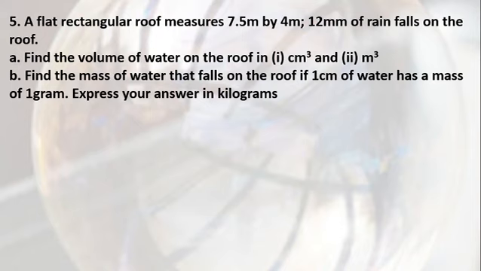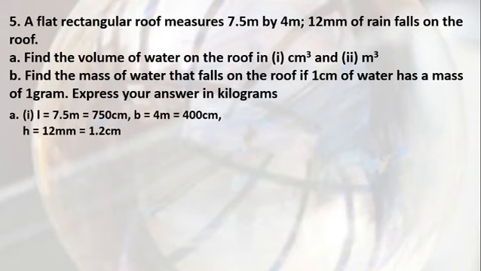Alright, so basically what we've been told, we have to make use of it. The length is 7.5 meters, but the question tells us to find the volume in centimeters, so I'll convert everything to centimeters. So 7.5 meters will be 750 centimeters, 4 meters will be 400 centimeters, and 12 millimeters will be 1.2 centimeters.